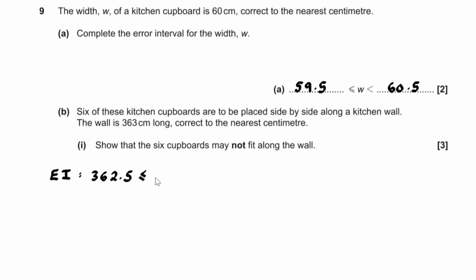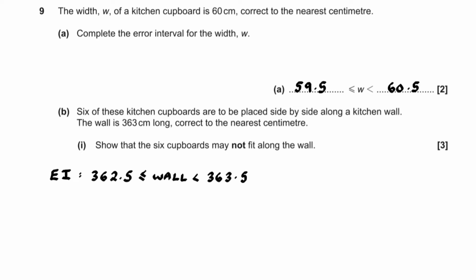This is going to be less than or equal to the wall, which is less than 363.5. Now, what we're saying here is, if I've got 6 of these cupboard lengths, will all of those lengths together fall within this boundary?